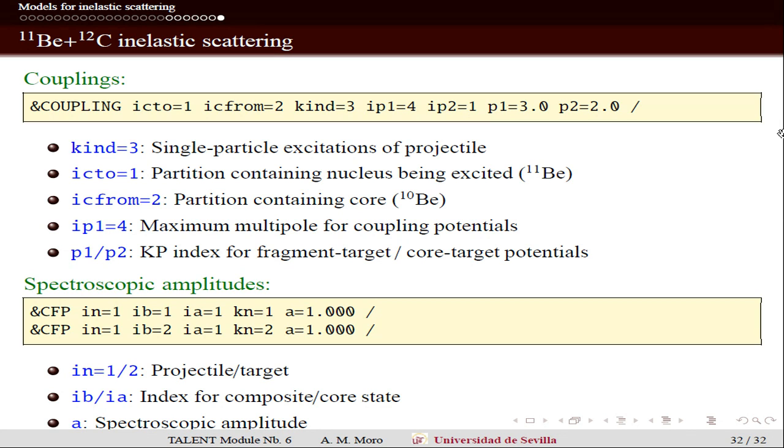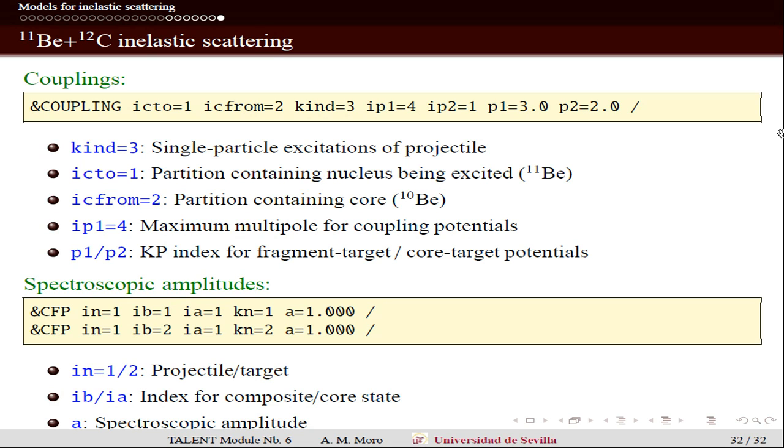So this spectroscopic factor is specified in this namelist. This is CFP. IN again identifies projectile or target, IB is the index for the state of the composite inside its partition. So now we have, in the beryllium 11 partition, two states. The first one will be IB equal 1, the second one IB equal 2. And that is why we have two of these namelists.